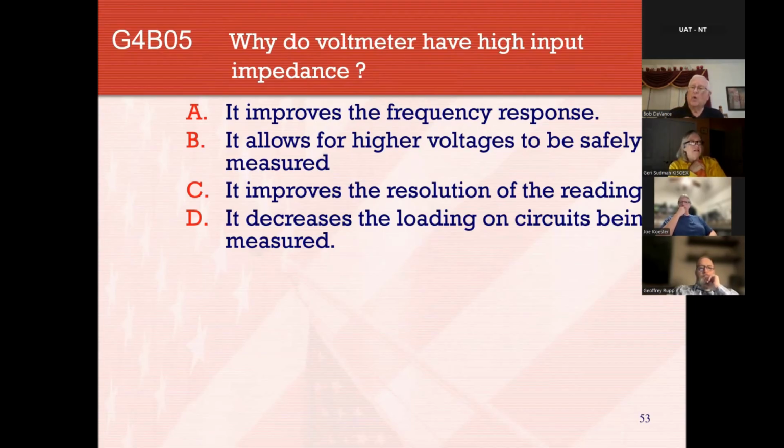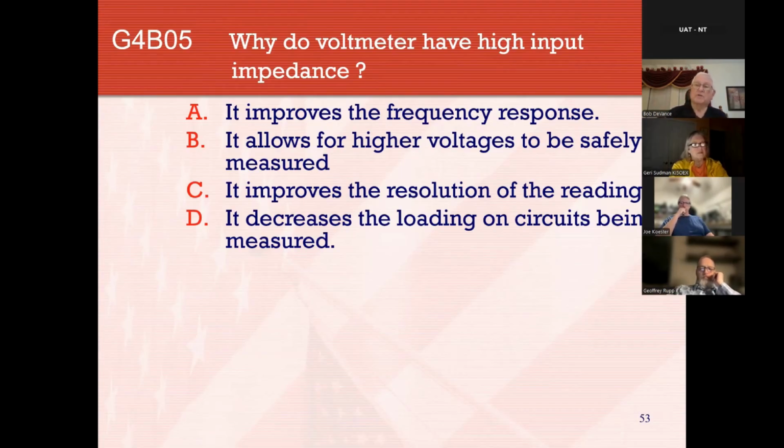If it had a very low input impedance and you put the two probes across a resistor to measure a voltage, it's going to basically short out the resistor, and you'd not get a good reading. By using a very high impedance, or high resistance, you put it across the resistor and it doesn't load the circuit down. It doesn't change the value of things flowing through the circuit, but the meter can still get an accurate reading by doing that. So what do we think?